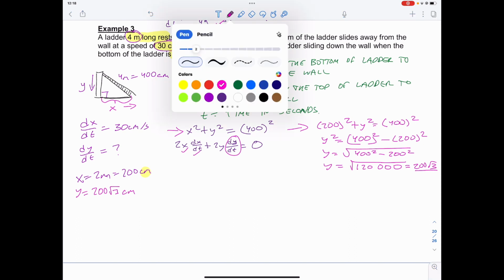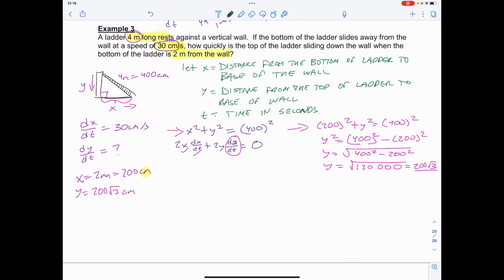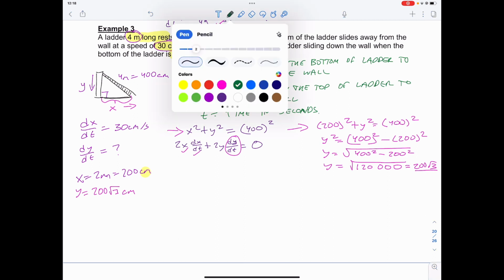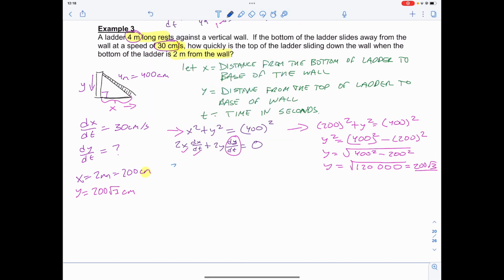Then I can sub it in, and I can say that 2 times 200 times 30 plus 2 times 200 root 3 times dy over dt is going to equal 0.